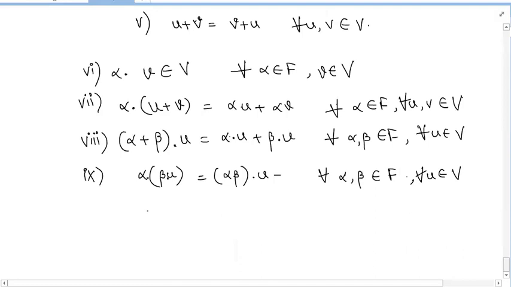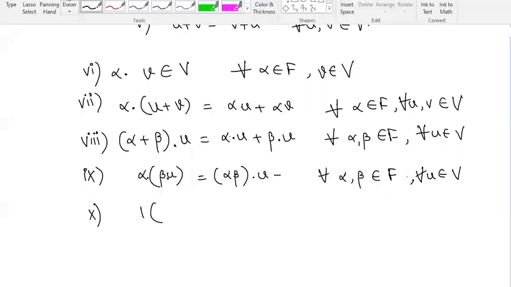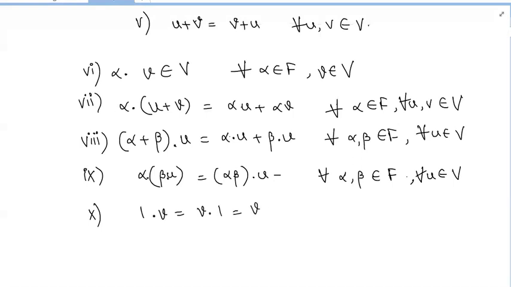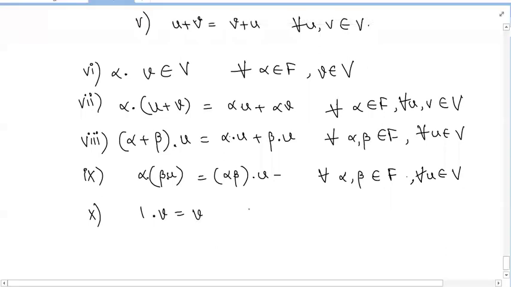And another, the last property, the 10th property: 1 dot v. One means the unity, the identity element in the field. 1 times v is equal to v, scalar multiplication, where v is a vector. 1 times v equals v for all v belongs to V. Now we will see an example.